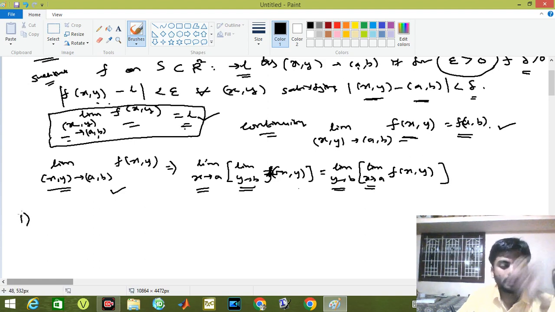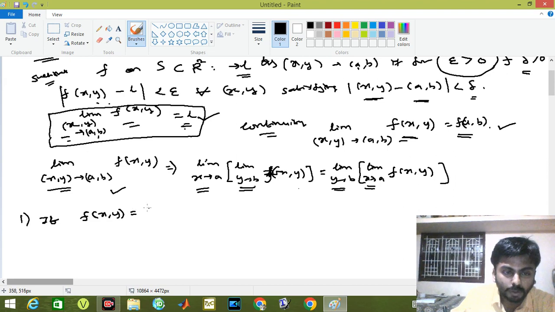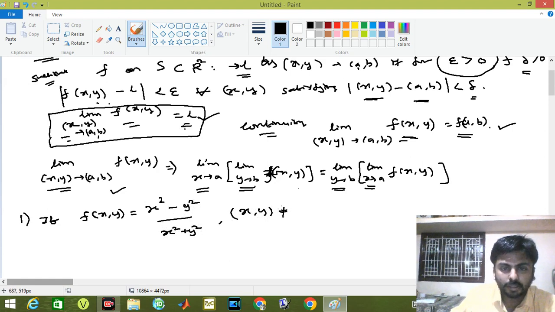So our first problem is: if f(x, y) equals x square minus y square divided by x square plus y square, where (x, y) is not equal to (0, 0).